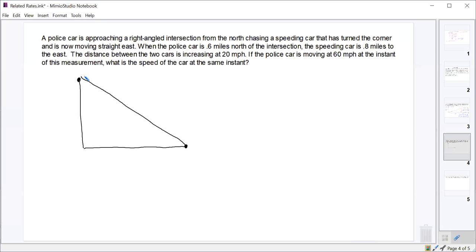And we know also that the police car is moving at 60 miles an hour. Everybody good there or no? Is this a picture you would have drawn, hopefully? Great. All right. What in this problem is not changing?